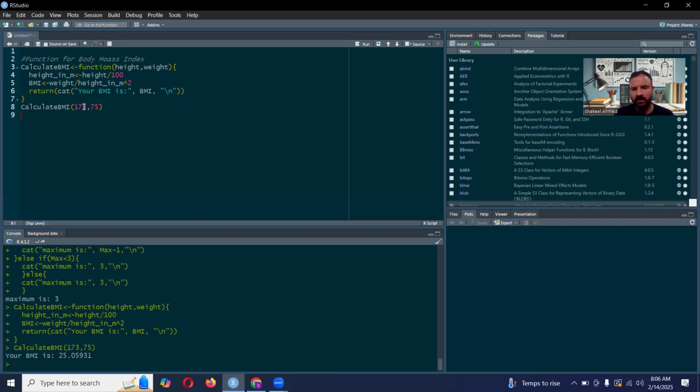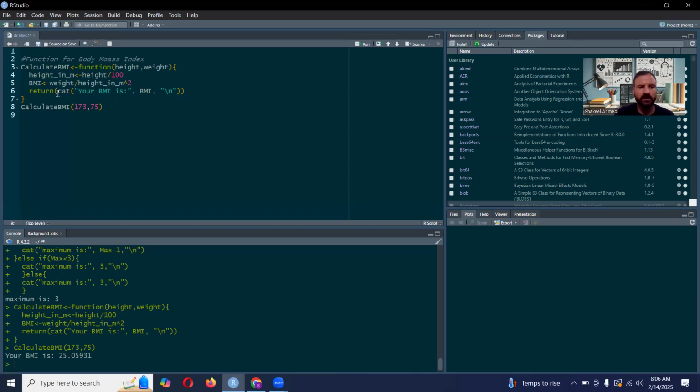If we have data, for example, height of 10 patients and weight of 10 patients, then you can just take these as vectors, and you will get results in similar fashion. And here you will get a vector.